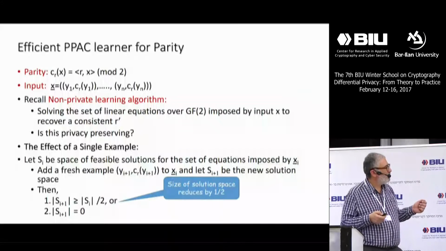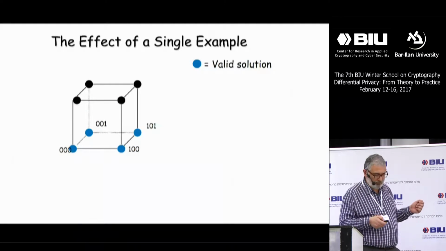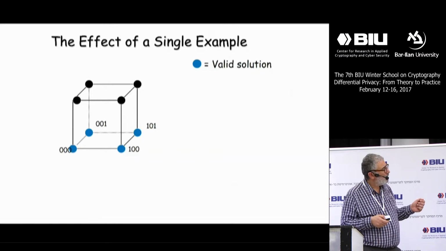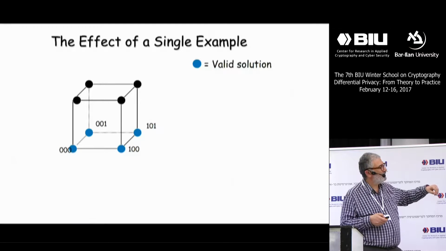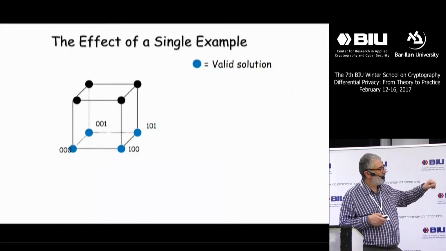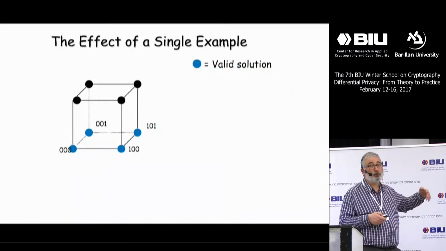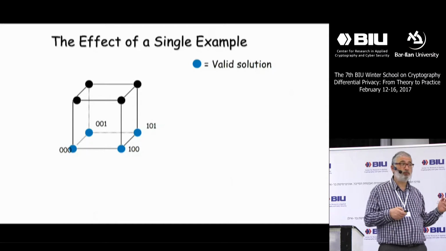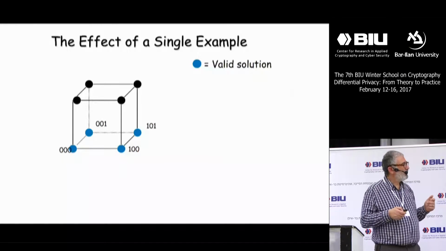Let me, maybe in this picture. Suppose the blue dots here show the space of valid solutions for some set of linear equations, and then we introduce one more linear equation over GF2. What happens?